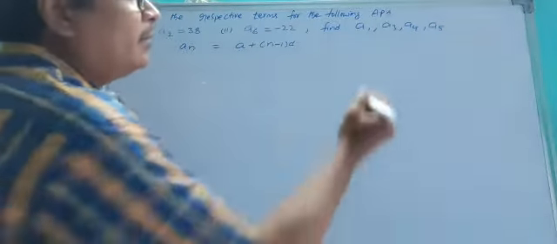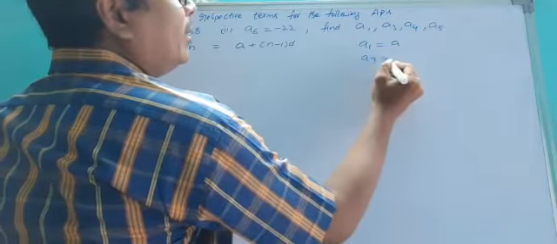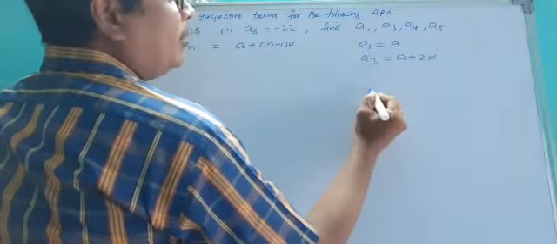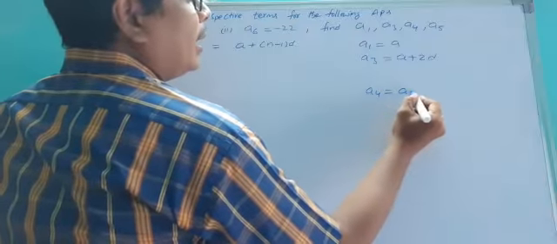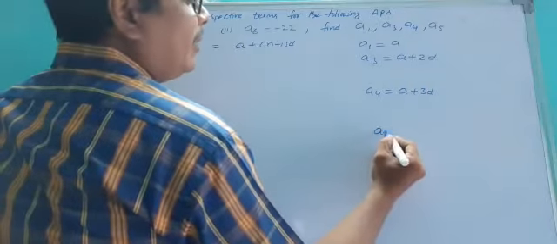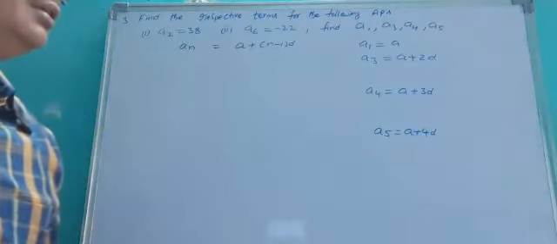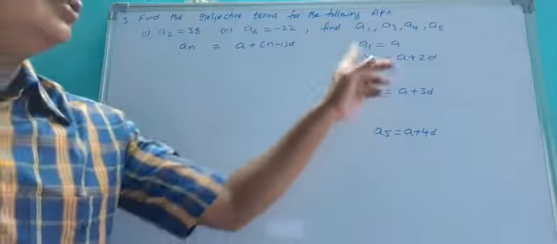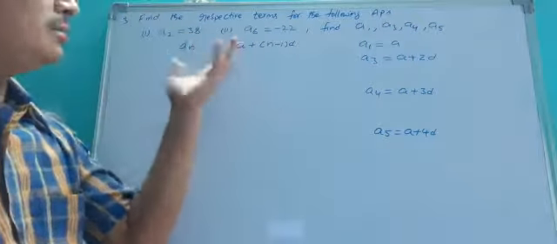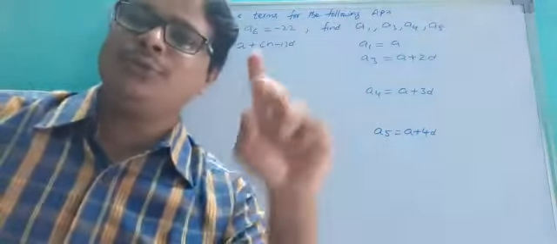If you want to find these values, you should know A and D also. But here A is not given and D is also not given. How do we find these two values?